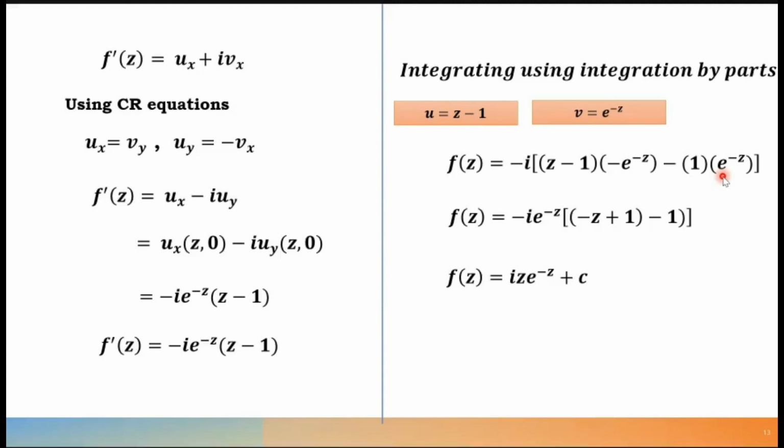Okay. So minus i into u integral v minus derivative of u integral of integral v. Then I am taking e raised to minus z common, so that 1 and minus 1 get cancelled. The answer is f of z equal to iz e raised to minus z plus c.